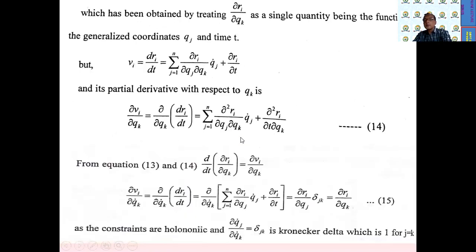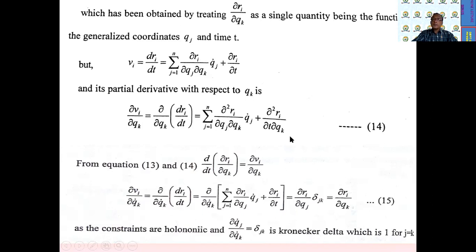This is equation number 13, which has been obtained by treating ∂ri/∂qk as a single quantity being a function of generalized coordinates qj and time t, but with the velocity which we can write in this manner as vi equals dri/dt, summation j goes from 1 to n ∂ri/∂qj qj dot plus ∂ri/∂t. And this is nothing but the partial derivative with respect to qk, and therefore the above equation can be simplified and it will take the form of equation number 14.